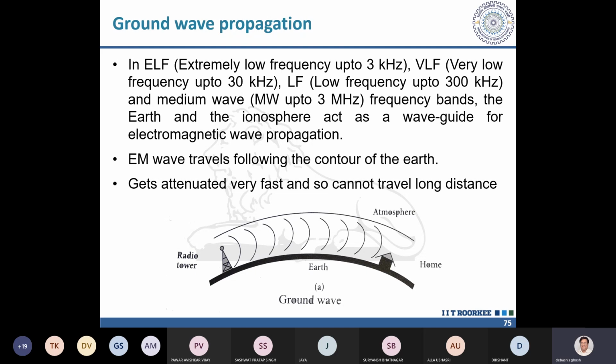So ground wave propagation can be used for local transmission. For example, in amateur radio, students in different institutes, even in IITs, run hobby clubs where they use amateur radio at very low frequency.